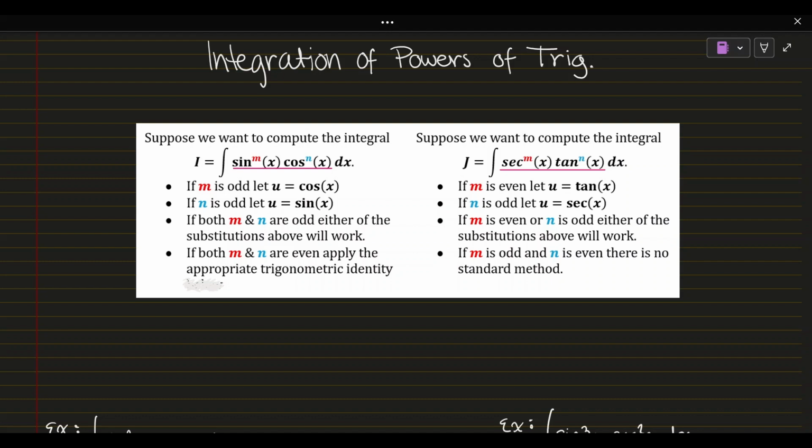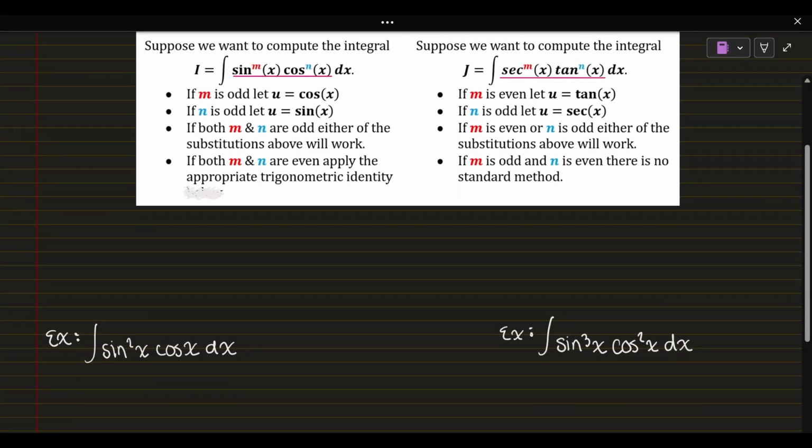So let's review some of the trig identities that we're going to need to solve some of these problems. Firstly, we know that sine squared theta plus cosine squared theta equals 1. We also know that tan squared theta plus 1 equals secant squared theta.